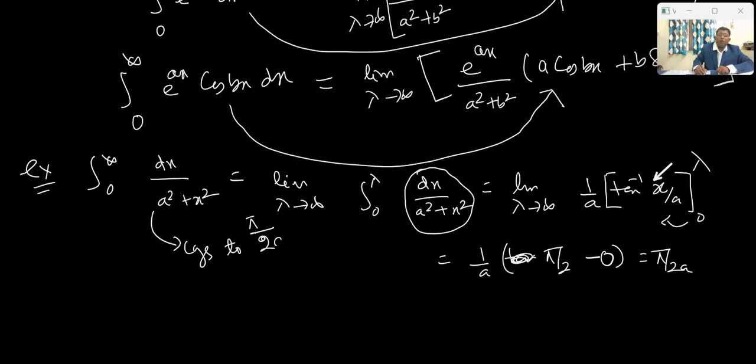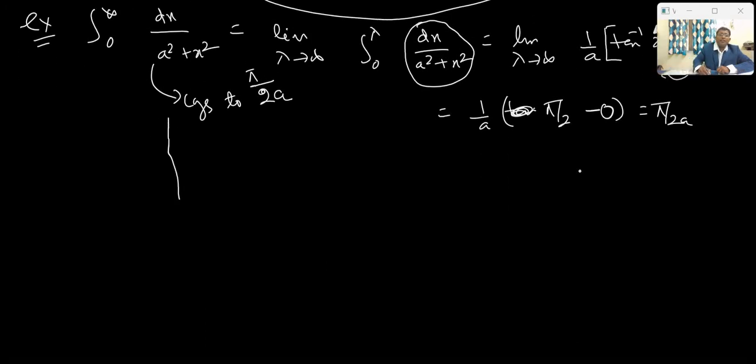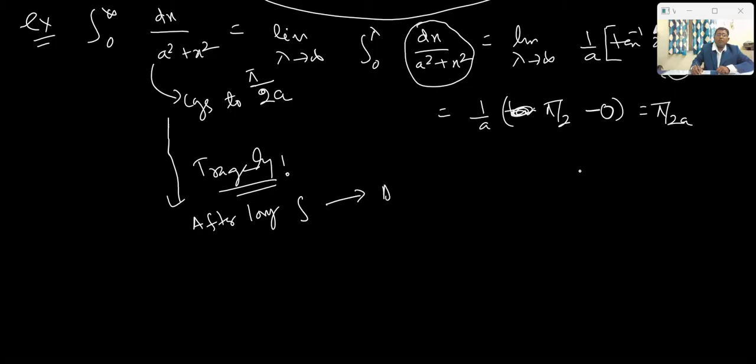But the tragedy is that many times it is not easy to integrate. After a long integration, we see what the answer is. The answer is infinity, meaning it doesn't exist, and in this case we say it is divergent.